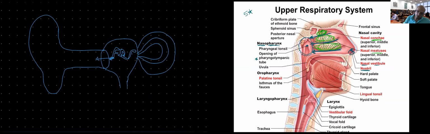If you remember, in order for this tympanic membrane to vibrate freely, responding to the sound waves that you are transporting through the external auditory meatus, you need to have equal pressure on both sides of the tympanic membrane. So this middle ear needs to be connected to the atmosphere, to the outside.